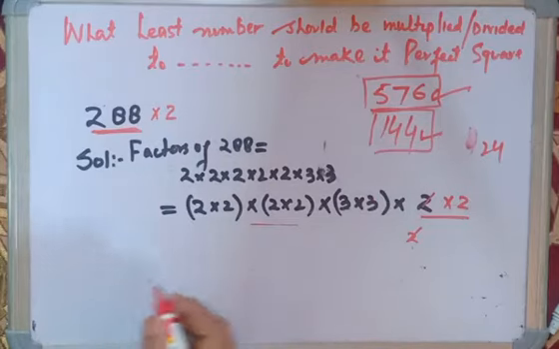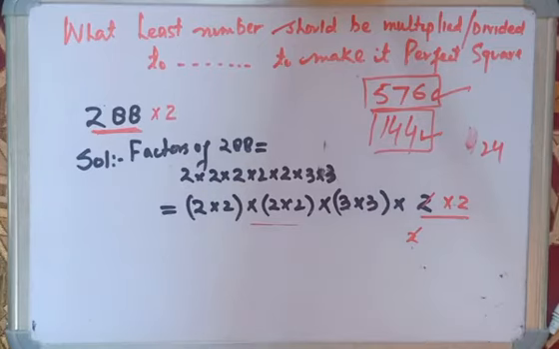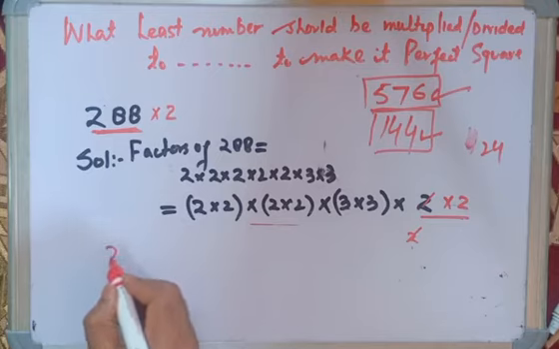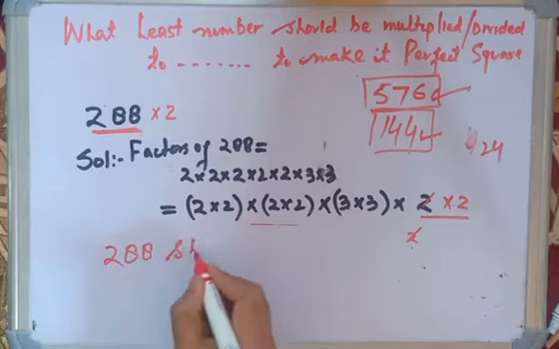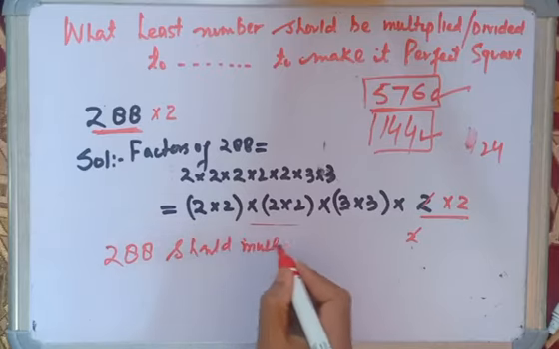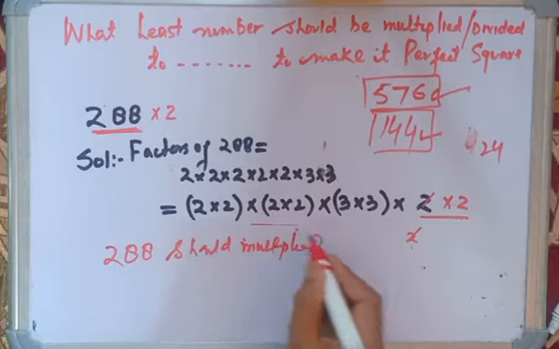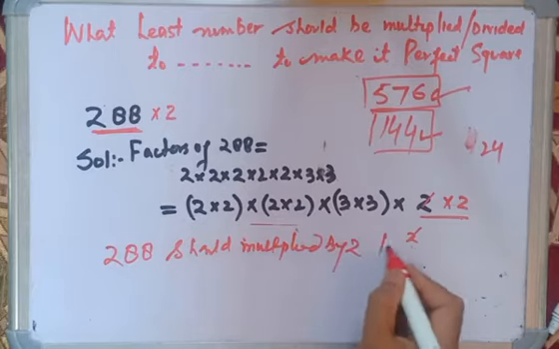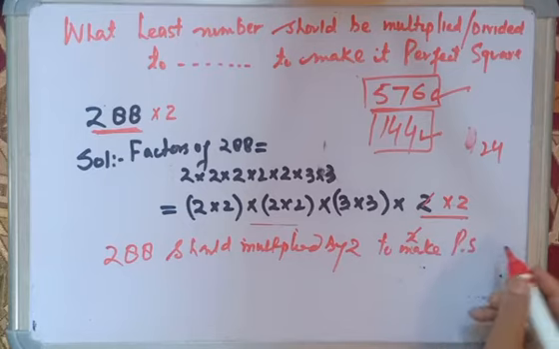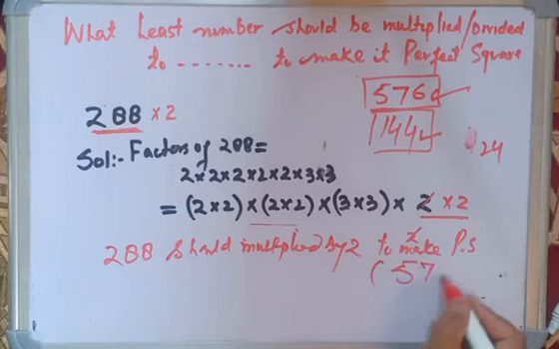So this suggests to us that 288 should be multiplied by 2 to make it a perfect square. The number becomes 576.